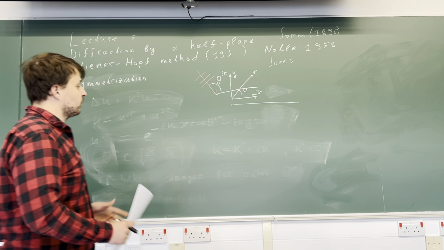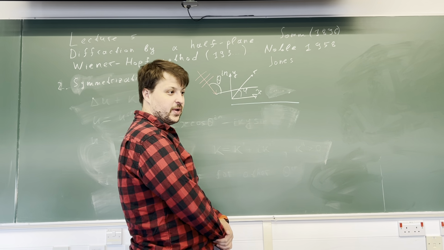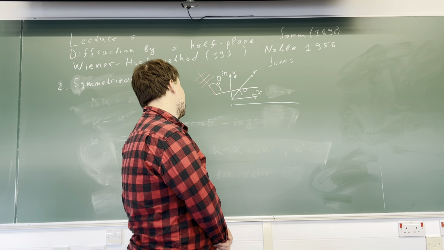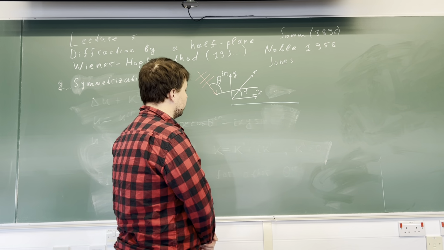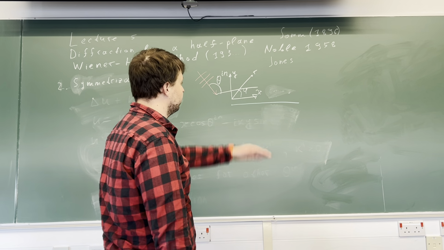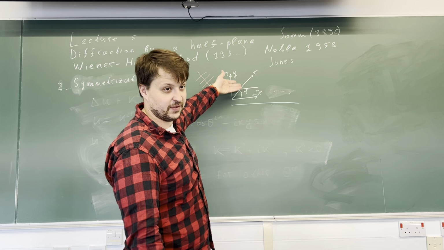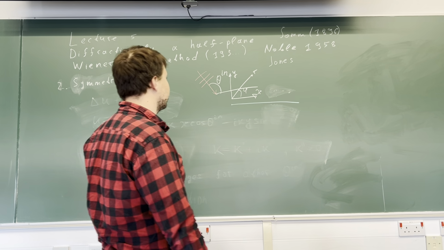The geometry of the problem has a vertical symmetry, so it has a symmetry with respect to the x-axis. If we reflect it, we will get the same geometry with respect to the x-axis.